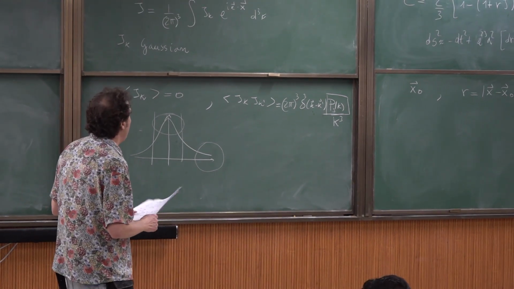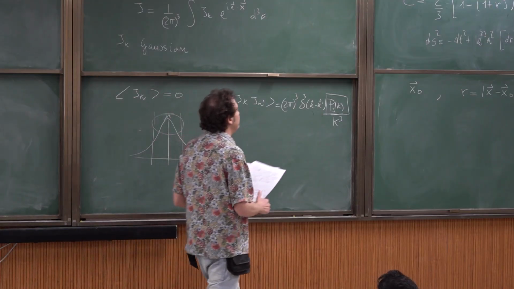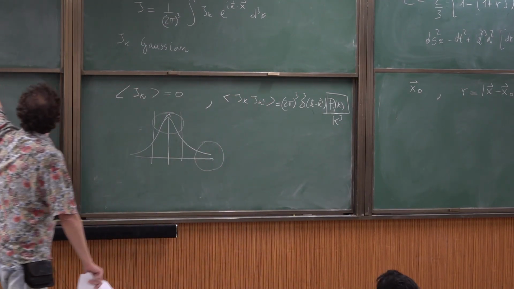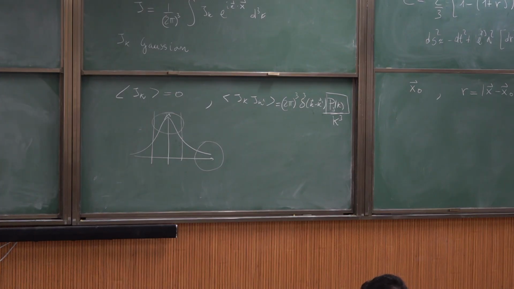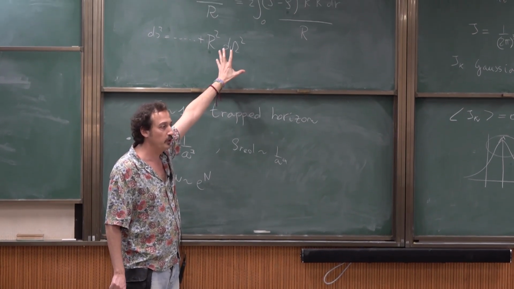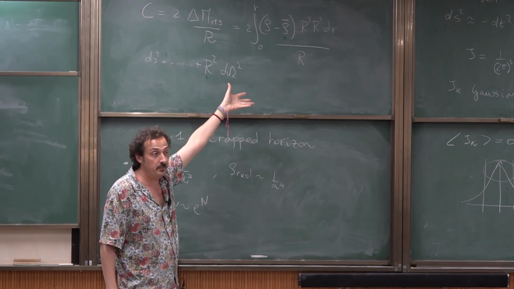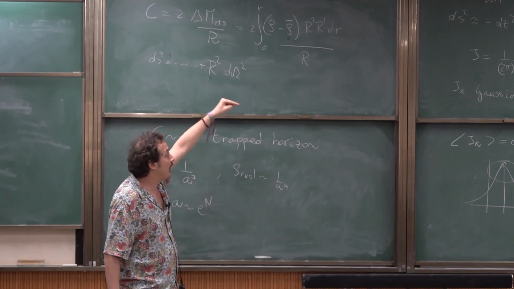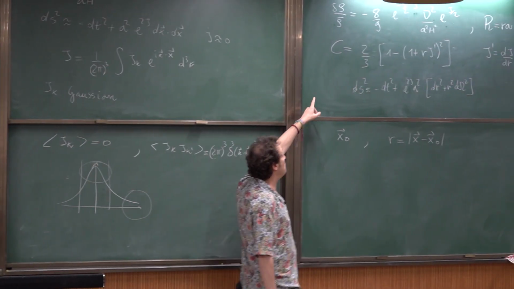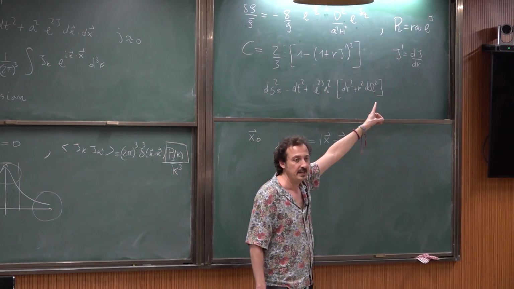Another very interesting thing is that the compaction function, as we defined it here, was in principle time dependent. I never told you that the compaction function is time independent. But once we plug into the metric, we find that the compaction function at super horizon scale is actually constant.